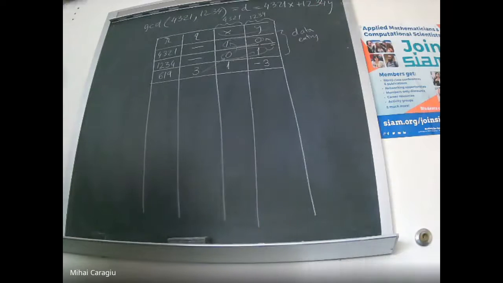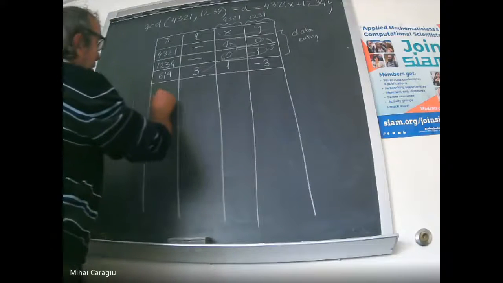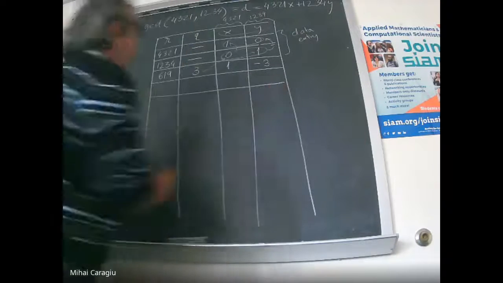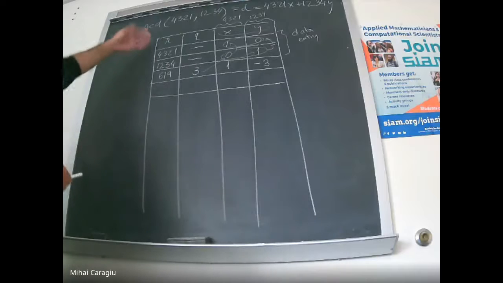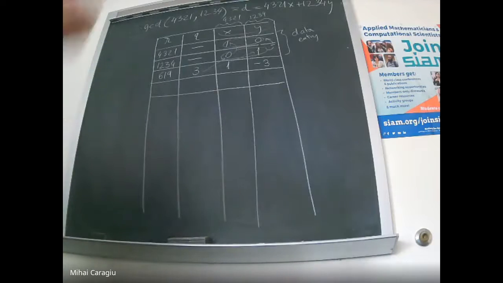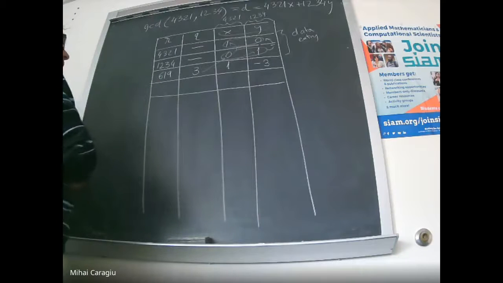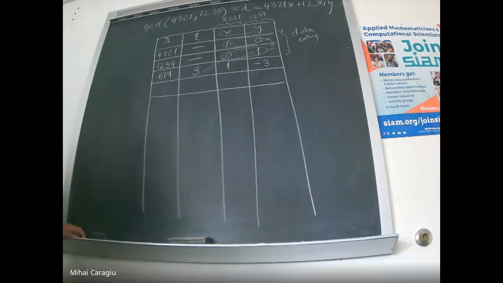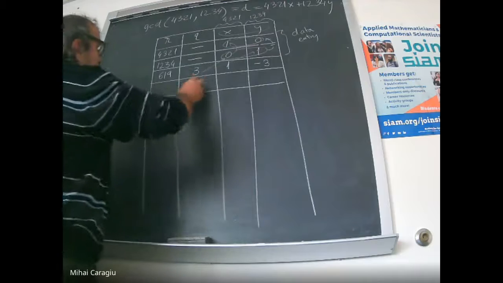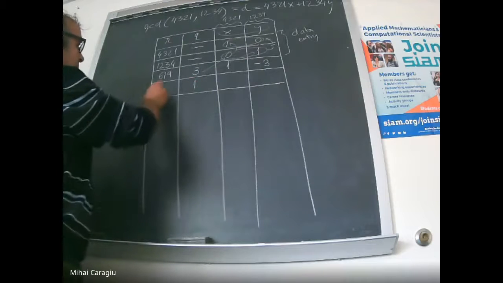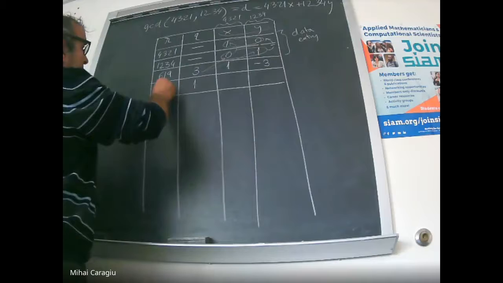Let's continue, do the same thing over and over again. That's the idea of the algorithm. We'll do it until the entry in the R column, the remainder, gets to 0. So let's see. How many times does 691 enter 1,234? Only one time, it barely misses 2 times. The remainder is 543.